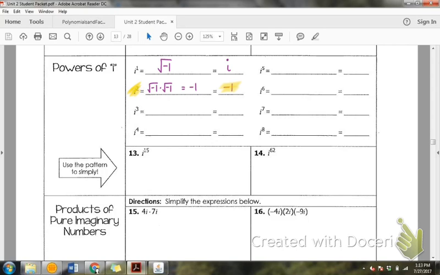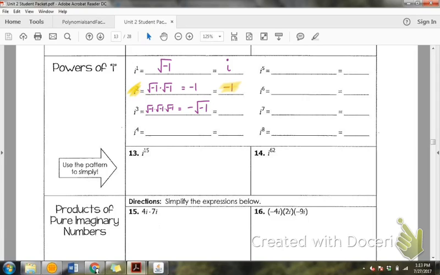Okay? i to the third is like saying the square root of negative 1 times the square root of negative 1 times the square root of negative 1. You don't have to write that part down if you don't want to. It's not a positive one. It's negative square root of negative 1. That's what it comes out to be. That seems like a lot to have to write.